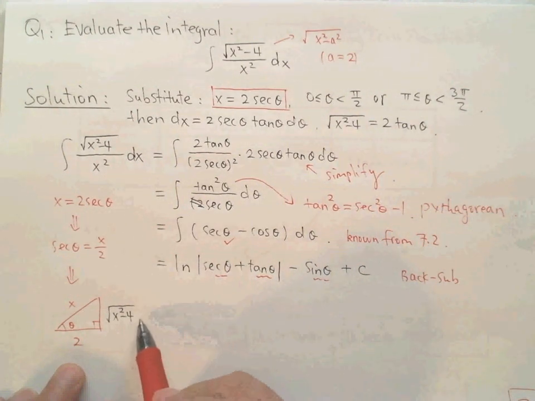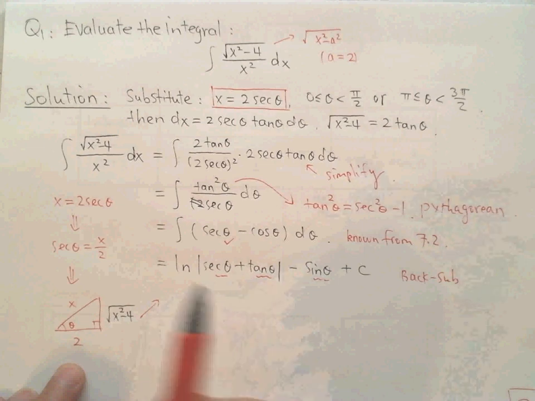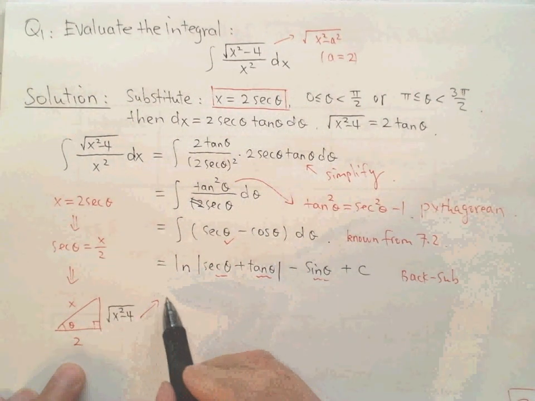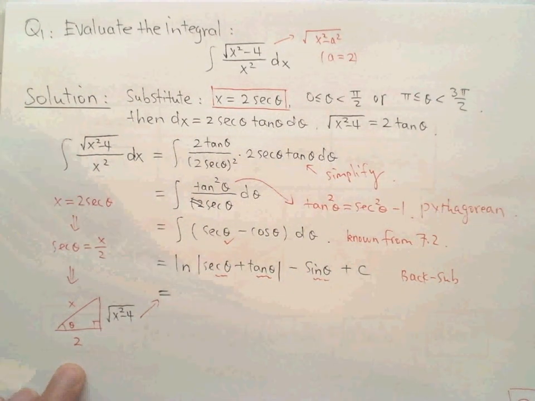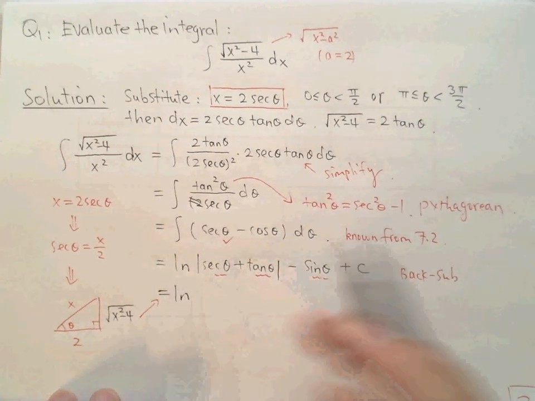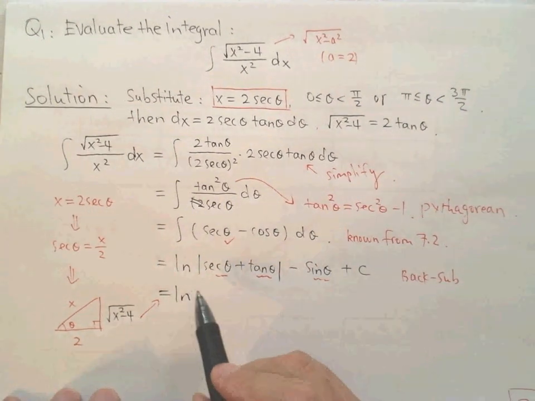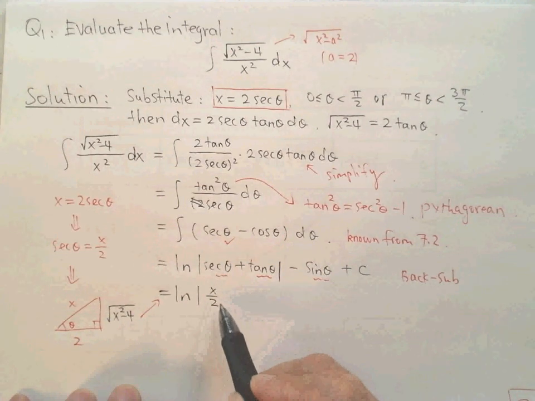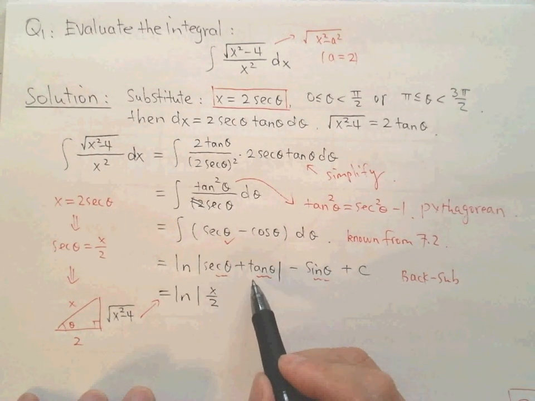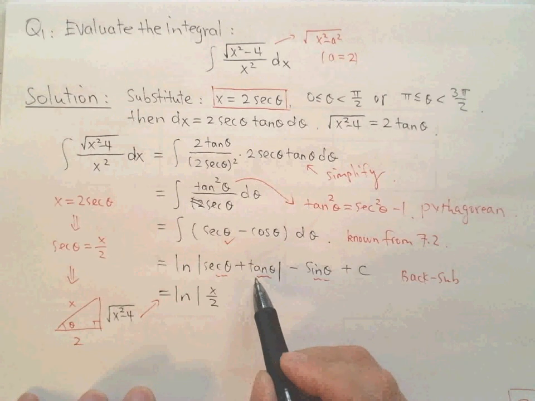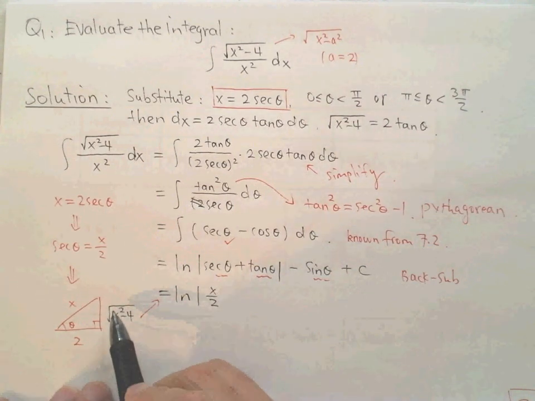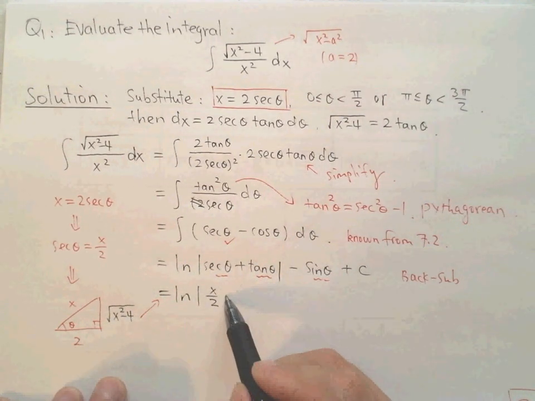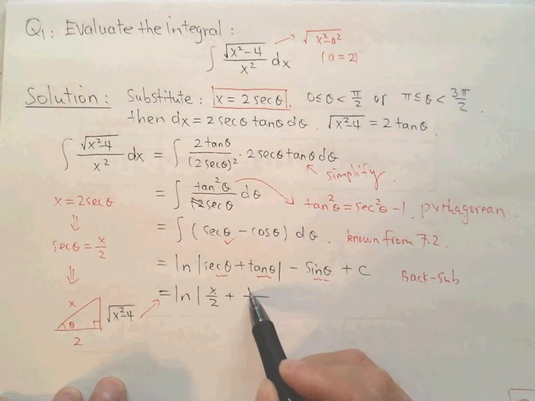Use the right triangle definition. Now it equals this ln. Let's see. Absolute value, secant goes to x over 2. And what is tangent? Tangent is opposite over adjacent.